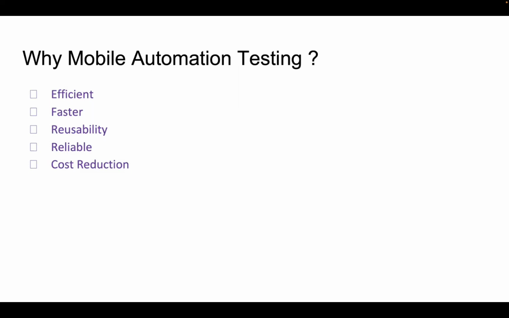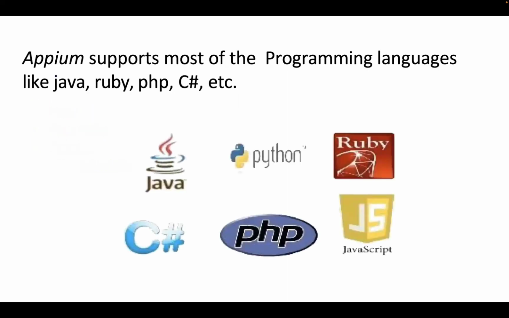Then cost reduction: it is open source, so it won't cost anything. It means we do not have to hire more manual testers; one or two automation engineers will write all the scripts, and those scripts take care of the entire feature or product. So let's go to the next slide.